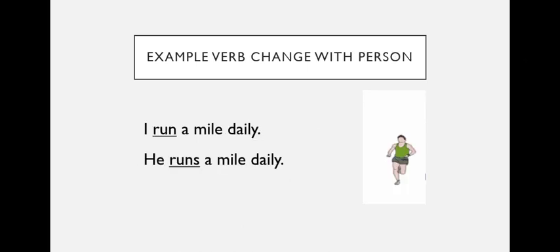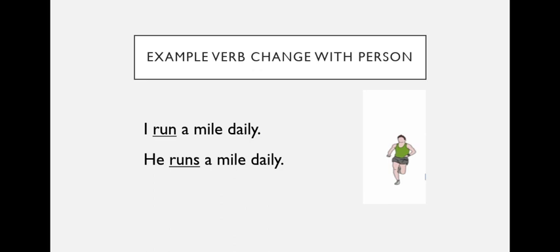Now next, examples of verbs that change with person. How does a verb change to agree with the person? In the first example, I run a mile daily. Here the subject is I, which is in the first person, and the verb is run.